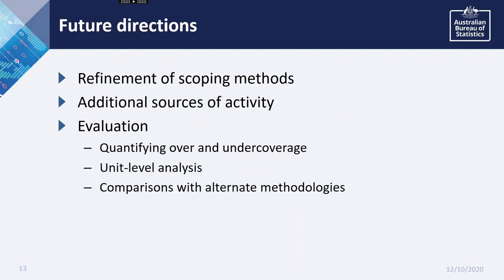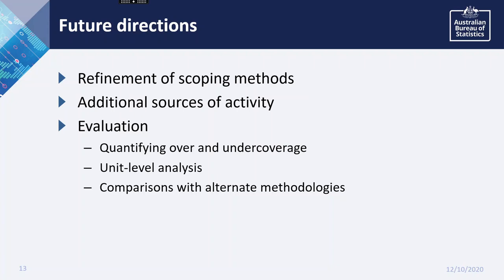So some future directions for this work. We're obviously very interested in any refinements we can make to our scoping methods. We're also interested in looking at additional data that we can draw on as a sign or a source of activity for a record. And then evaluation. There are lots of different things that we're interested in pursuing.